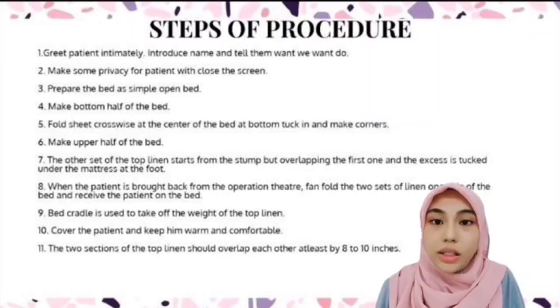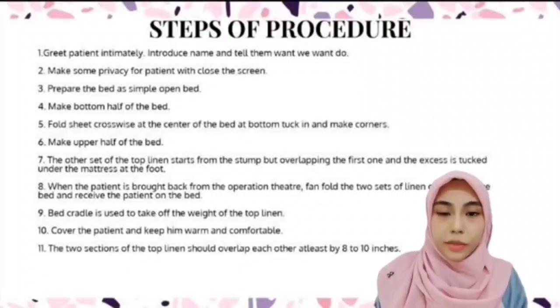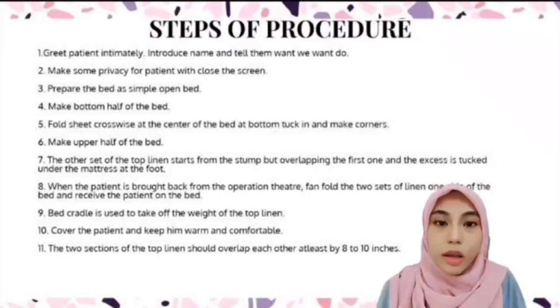Next, the other side of the top linen starts from the stump but overlaps the first one, and the excess is tucked under the mattress at the foot. When the patient is brought back from the operation theatre, fan fold 2 sets of linen to one side of the bed and receive the patient on the bed.